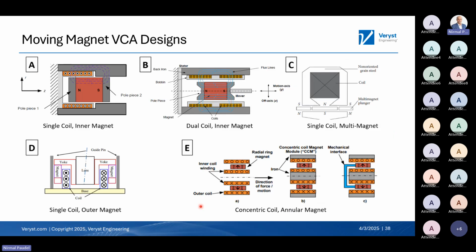Now, if you are in this VCA business, you'll see in the literature that people have tried different combinations, as I've shown here, at least 5 designs for the moving magnet case, where we have a north-south magnet with some pole piece to enhance the magnetic flux. The coil is attached and fixed. Design A has a single coil with an inner magnet and some magnetic material enhancement. In design B, we have a dual coil, coil A and B, basically 1 and 2.